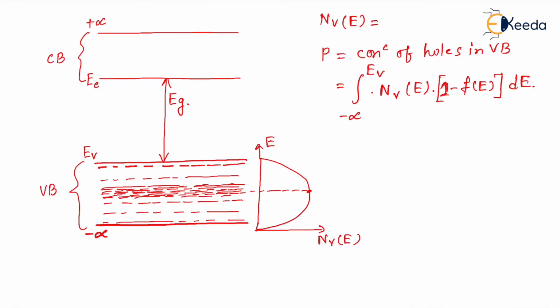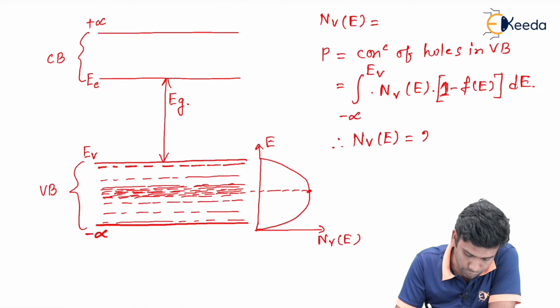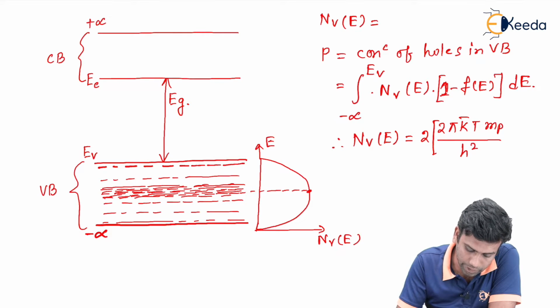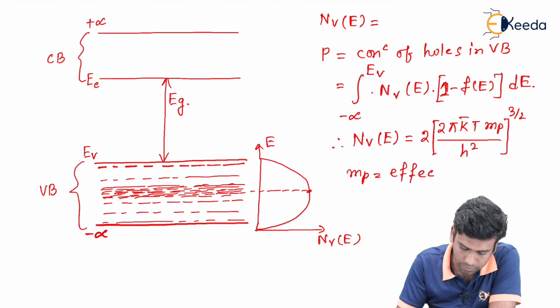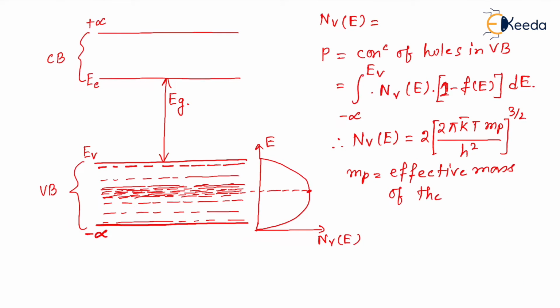If I simplify this equation, before that the NV(E) value is given by 2 into (2 pi k bar T m_p divided by h squared) to the power 3 by 2, where m_p is the effective mass of the holes inside the valence band.